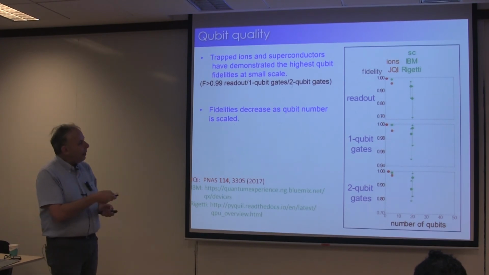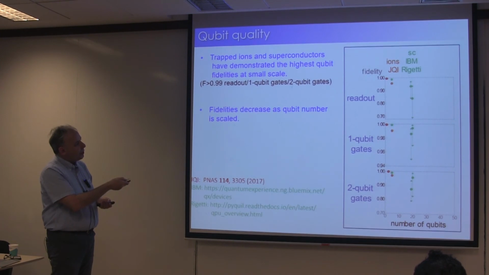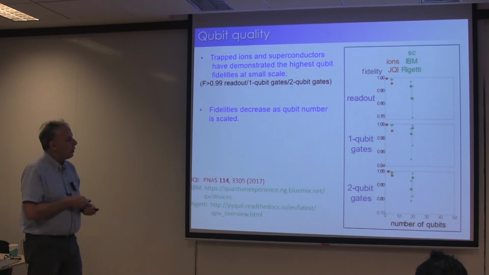These engineered qubits, superconducting circuits, get a lot of variation as they go to these larger numbers. Here I'm plotting average, max, and min performance for these different capabilities. Readout in particular has been difficult to maintain at high performance levels in these larger circuits.